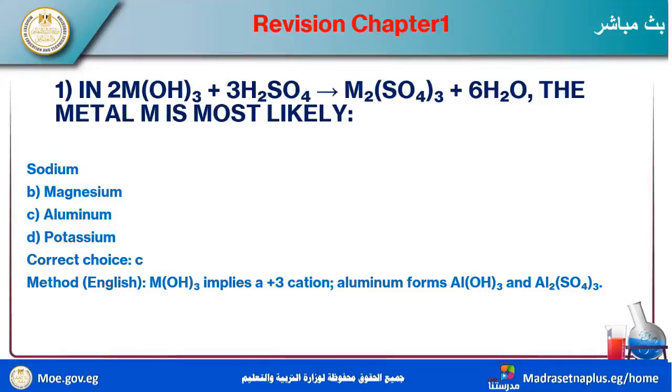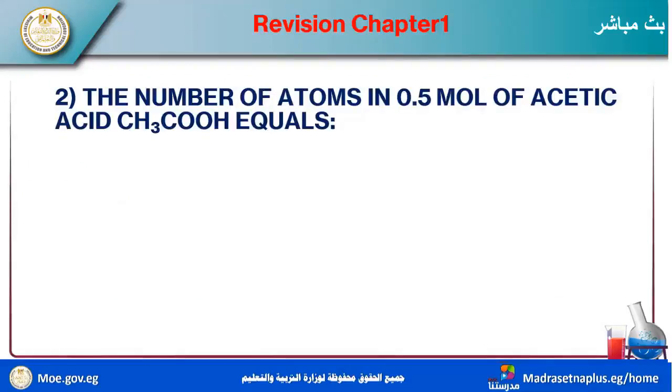So aluminum is the true answer. Aluminum is trivalent, and we can write the molecular formula of MOH by 3 equal to AlOH by 3.